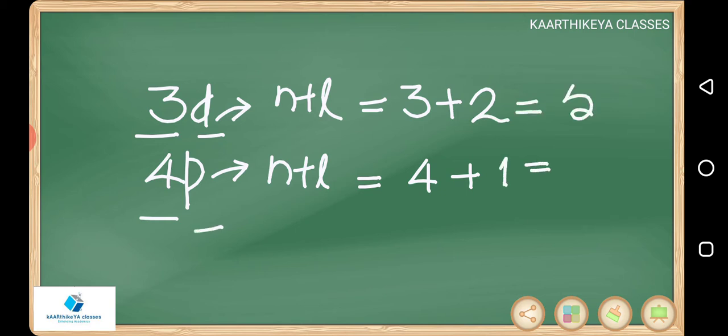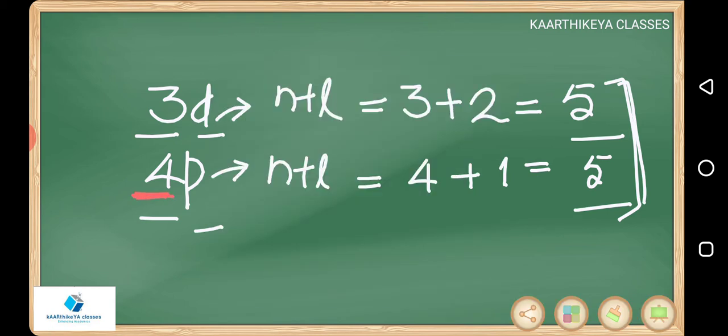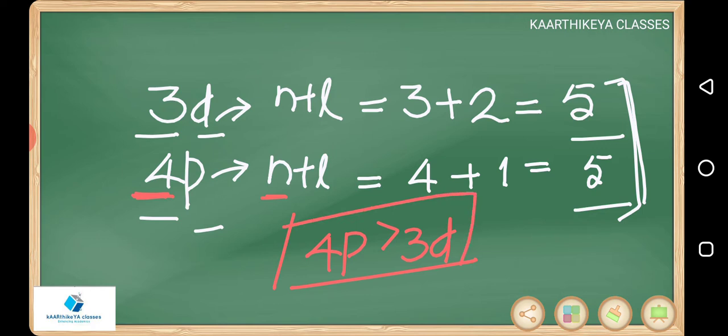So in both the cases the value is coming as 5. Now n plus l values are same. When n plus l values are same, you need to take the higher n value, and here the n value is 4. So 4p orbital energy is more than 3d. Now this you are going to decide based on the n value.